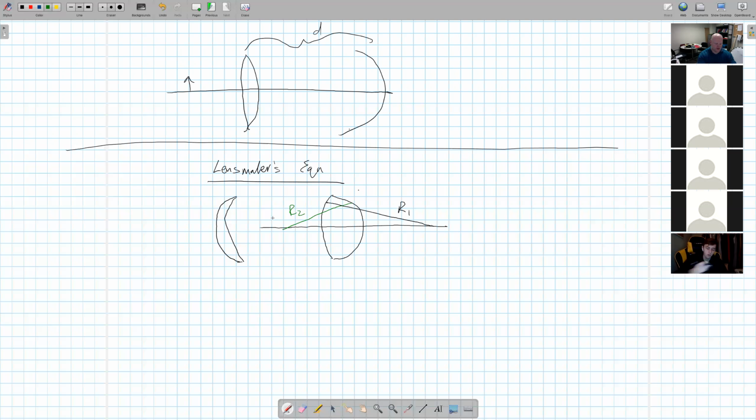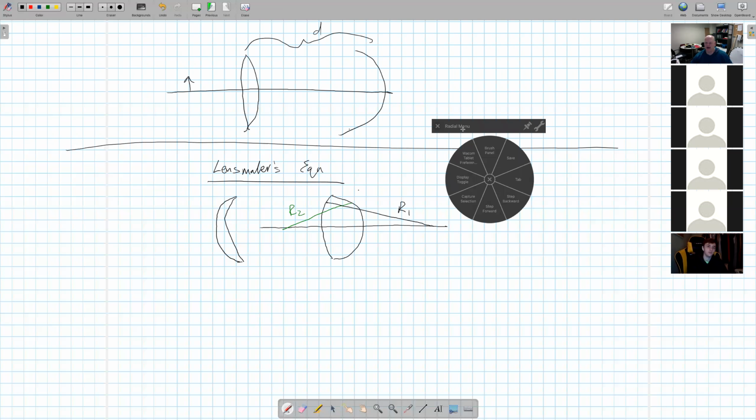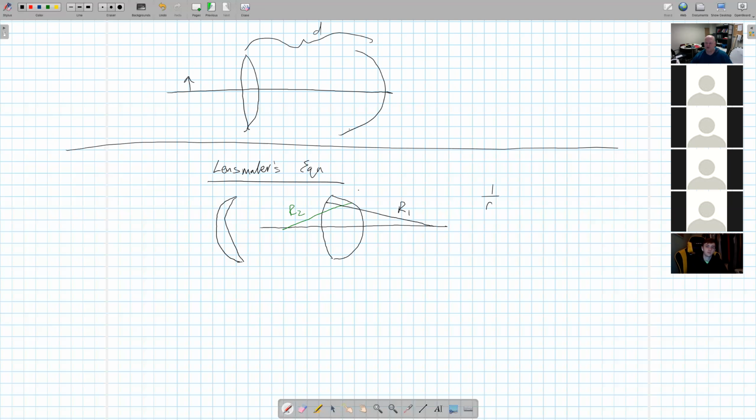So the Lensmaker's Equation tells us how to determine the focal length. It says that 1 over the focal length is equal to the index of refraction of the lens minus 1, times 1 over R1 minus 1 over R2.